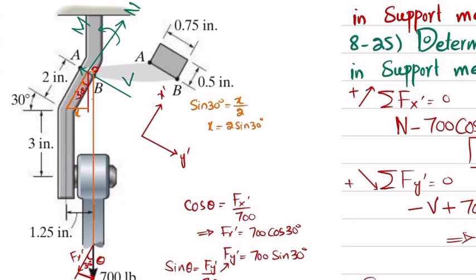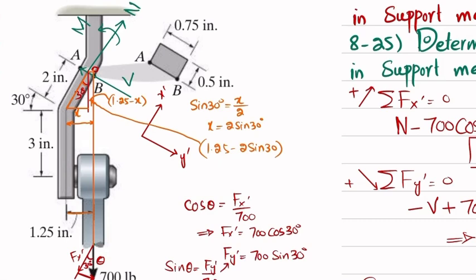Since you can see this total distance is 1.25 inch, the remaining distance will be equal to 1.25 minus x. So 1.25 minus 2 into sine of 30 will be this perpendicular distance.